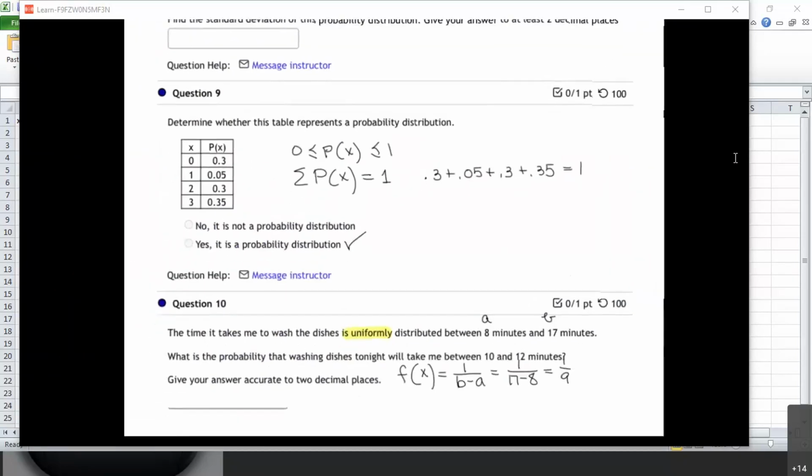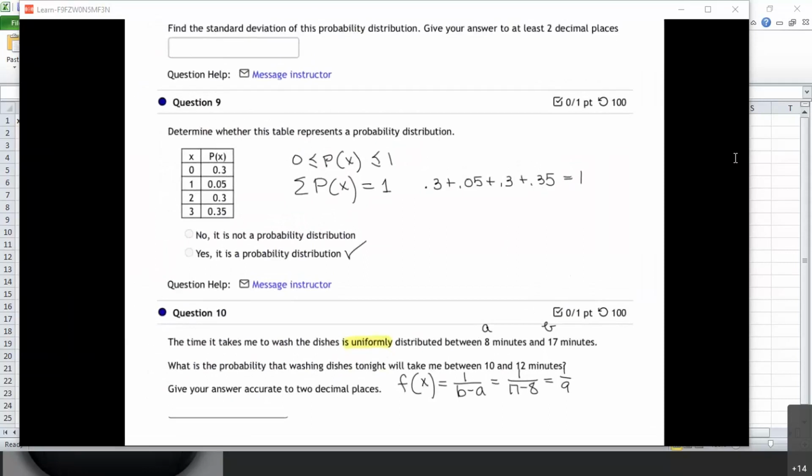So here's kind of what your distribution looks like. You're starting at 8 and you're going to 17. Your probability for all of these is 1/9.